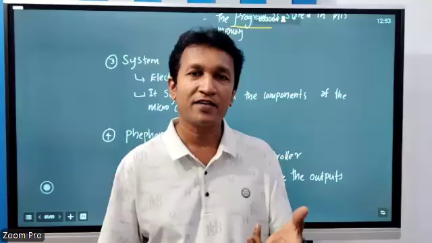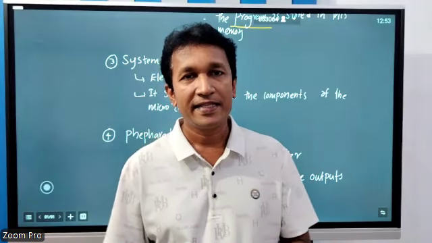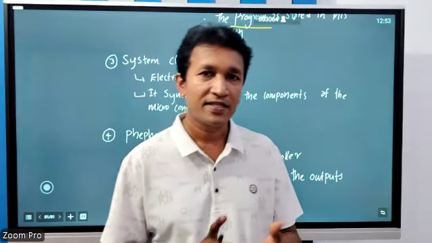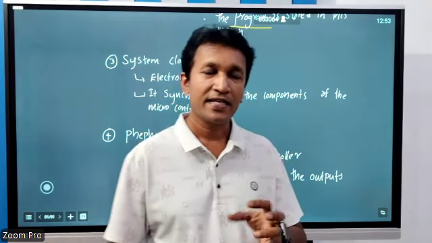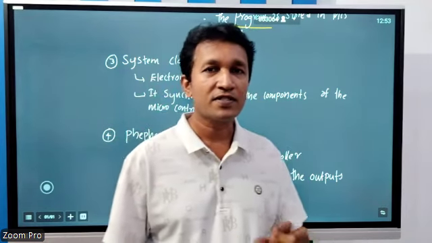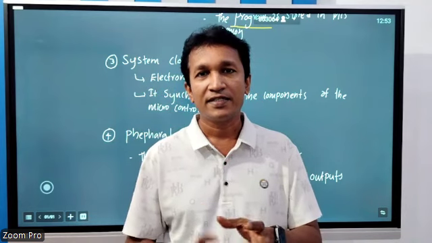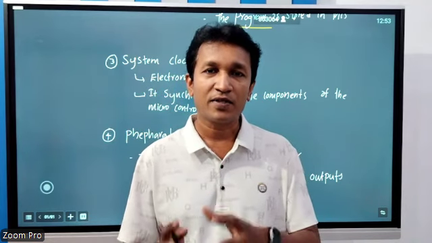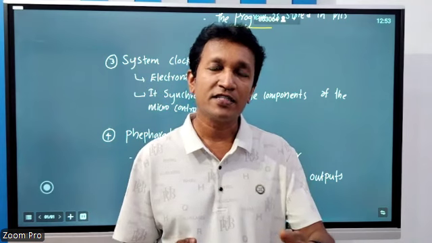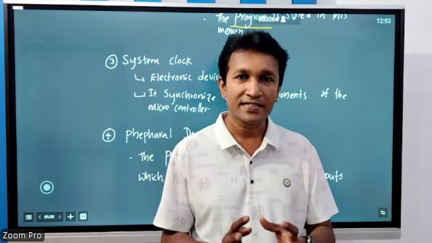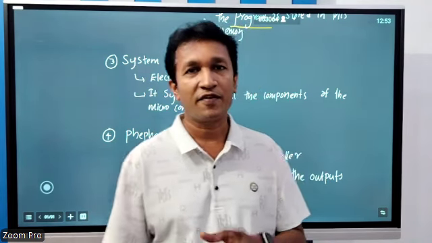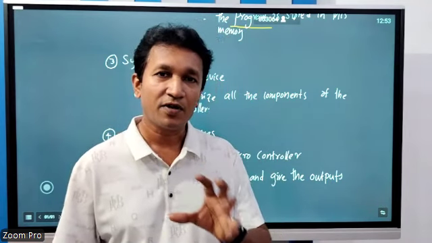Then the system clock is there. The purpose of having a system clock is that it synchronizes all the components of the microcontroller, so that all the components work together to do the specific task at a certain time.